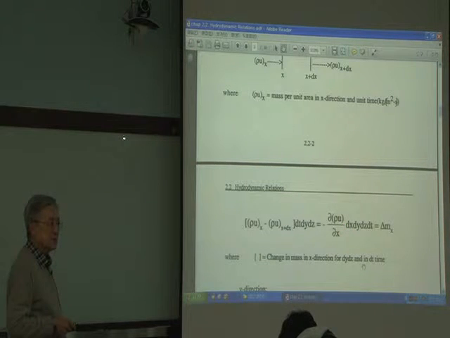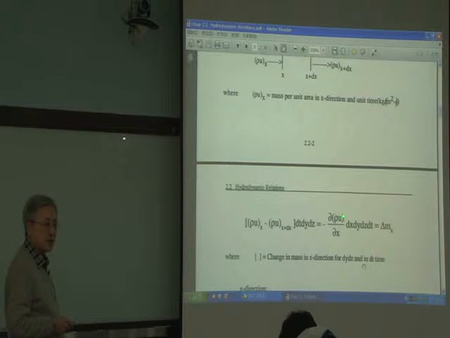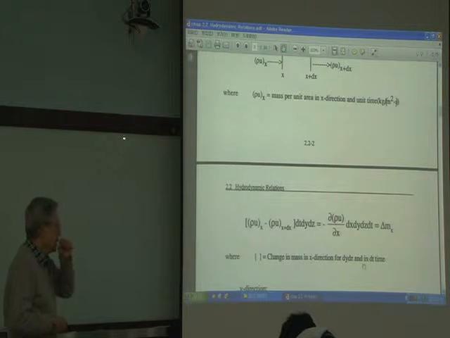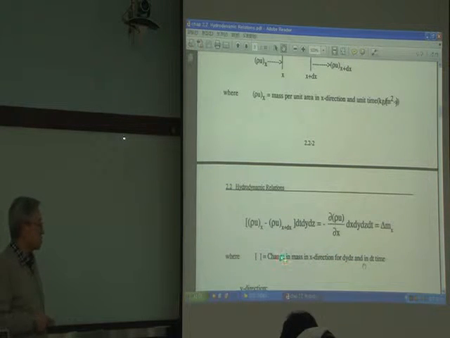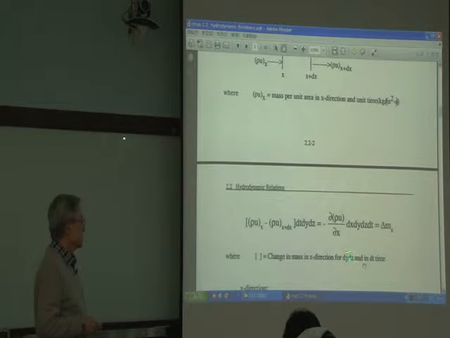For the differential, this term goes first and this goes second, which is identical to saying minus del rho u over del x dx dy dz at time duration dt. This is delta m x, the change in mass in the x direction for the differential surface dy dz in time dt.